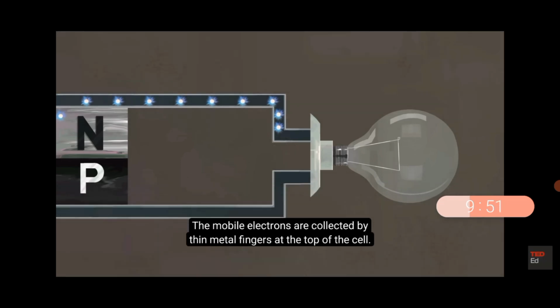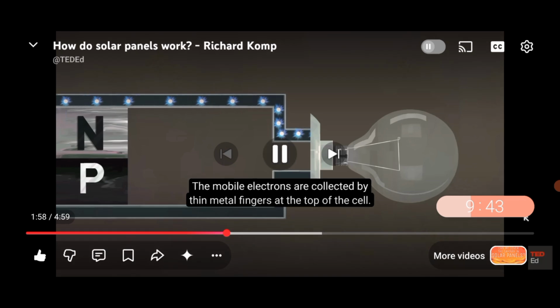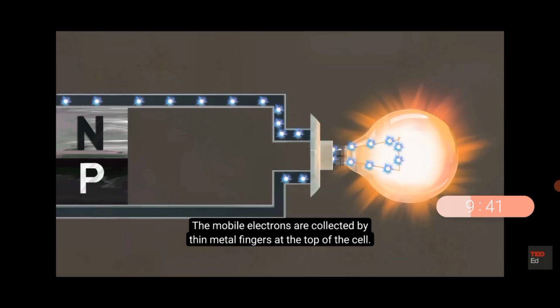The mobile electrons are collected by thin metal fingers at the top of the cell.